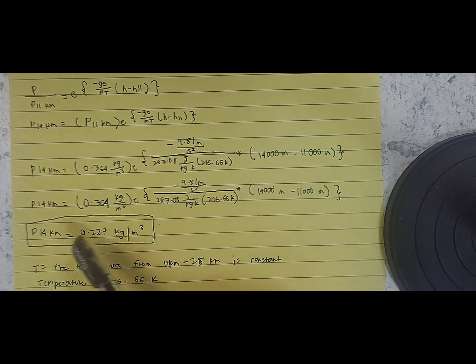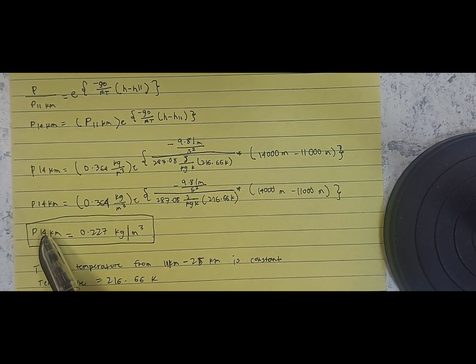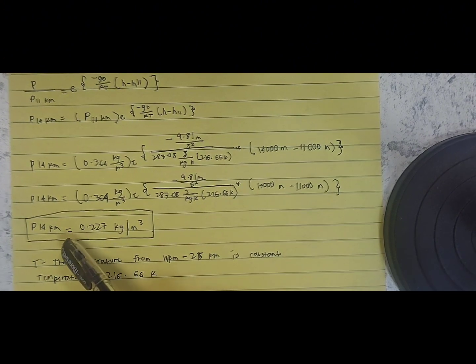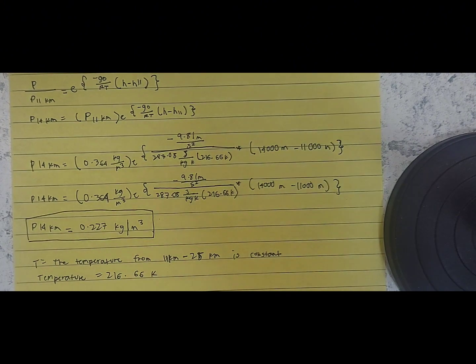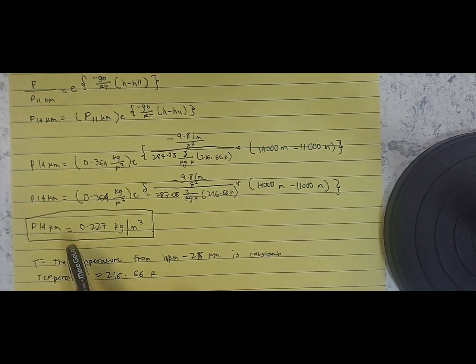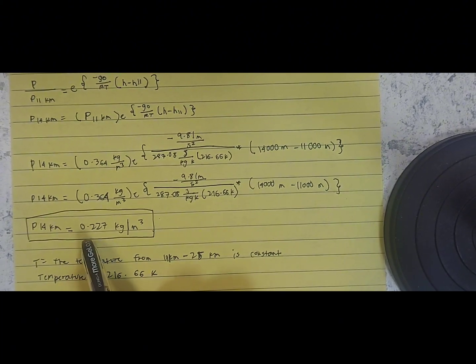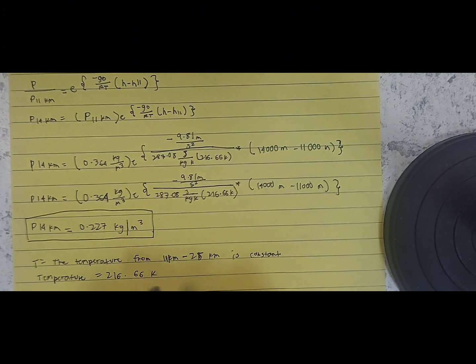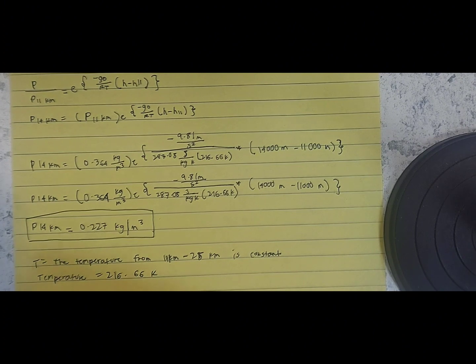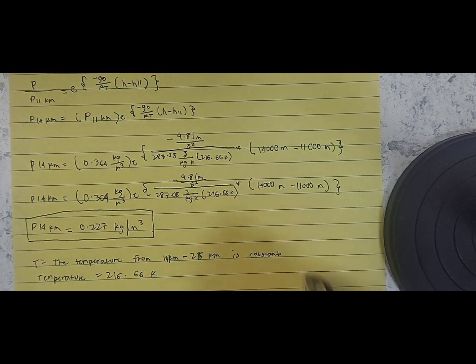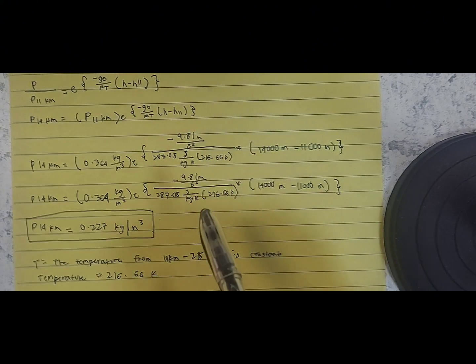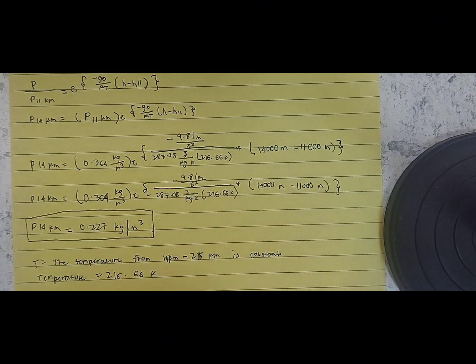Then, by using the calculator, we can get the final answer. The density at 14 kilometers is 0.227 kilogram per cubic meter. So, katulad nga nung past discussion, as the altitude increases, the pressure and the density also decreases.